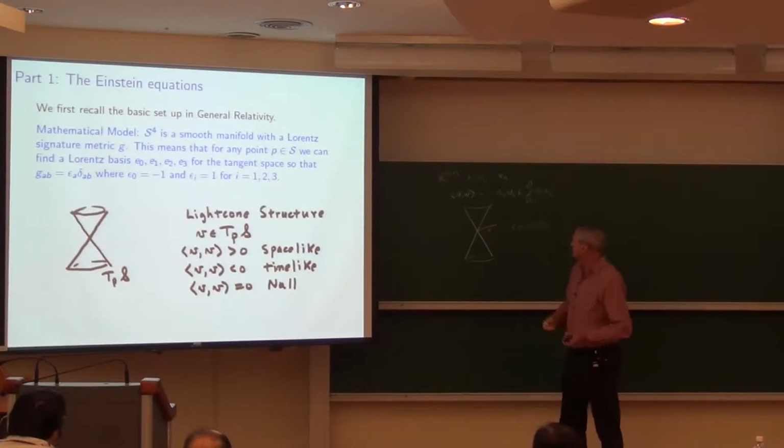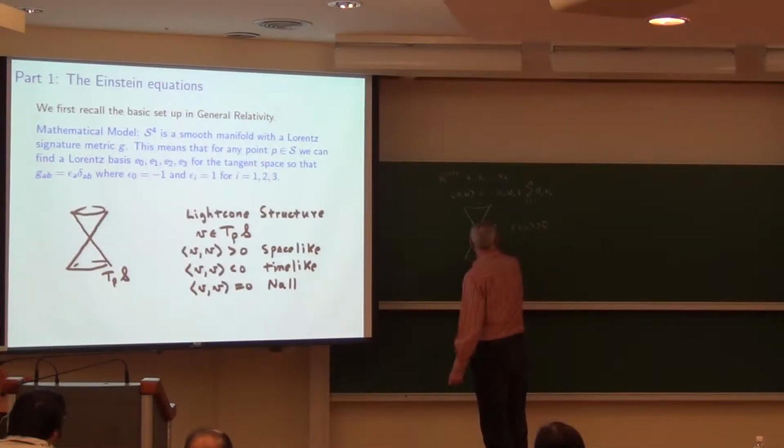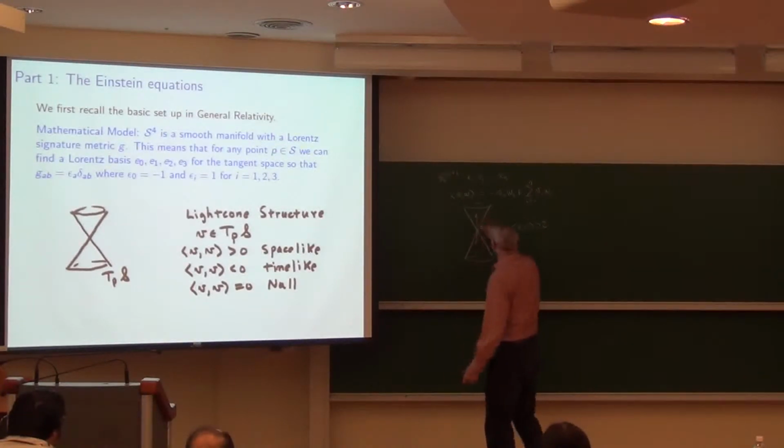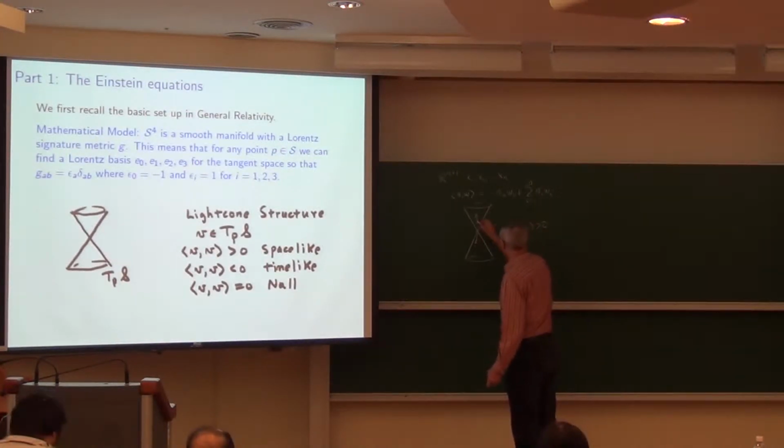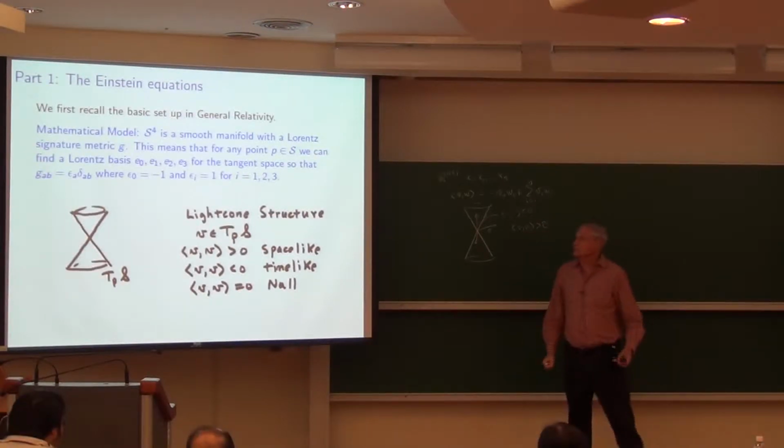So those are called space-like. And the time-like vectors are the vectors that point inside, either forward or backward. These vectors are time-like. These have negative square length. And vectors on the boundary are called null vectors.